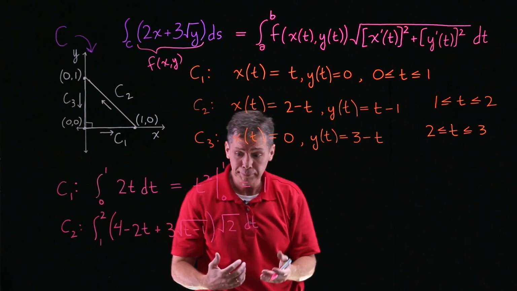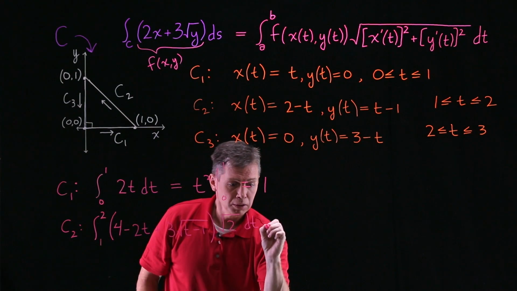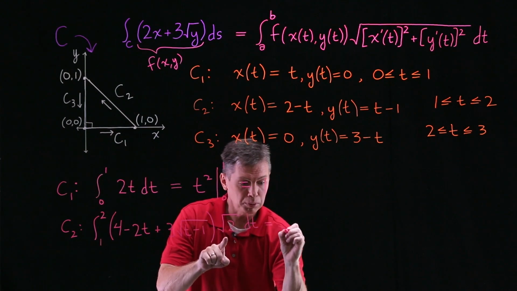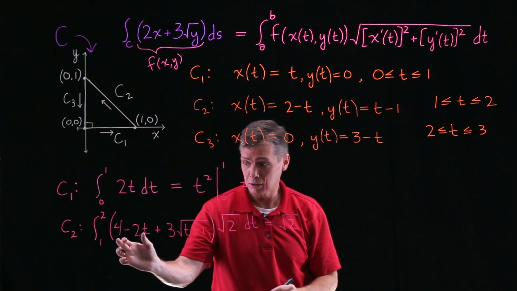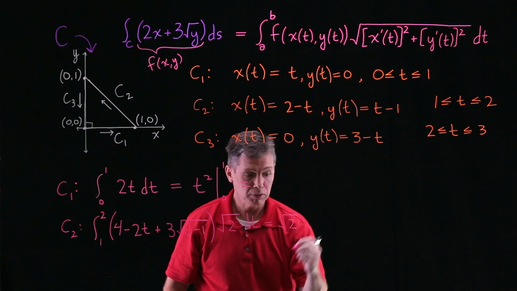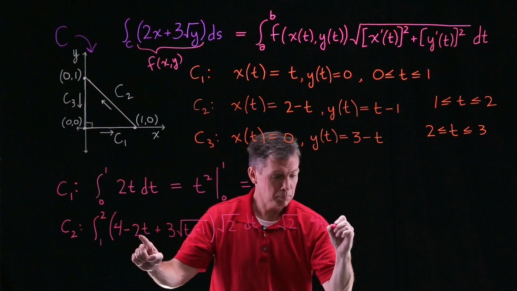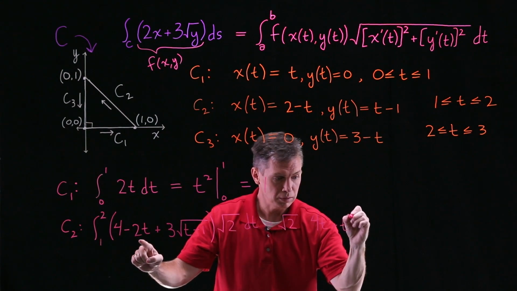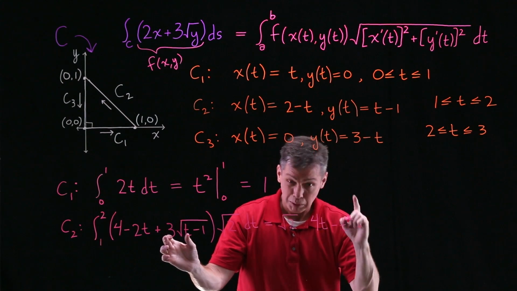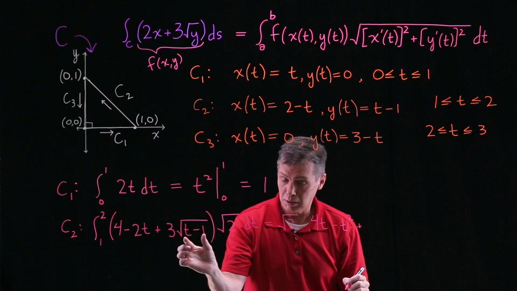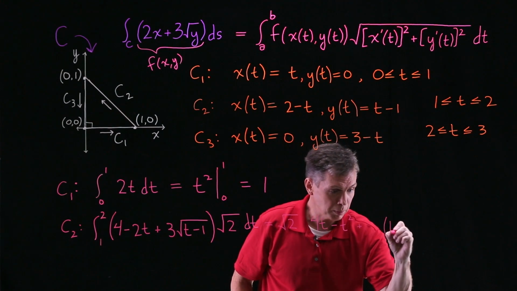Okay? All right. And I think I'll try to go ahead and evaluate that as well, just like I did above. So this is going to equal, I would pull the square root of 2 all the way out in front, and then I'll integrate each of these. Anti-differentiate, and I'll get 4t minus t squared plus, and then I'll be careful with this one, that t minus 1 is to the 1/2, so it's going to bump up a power.